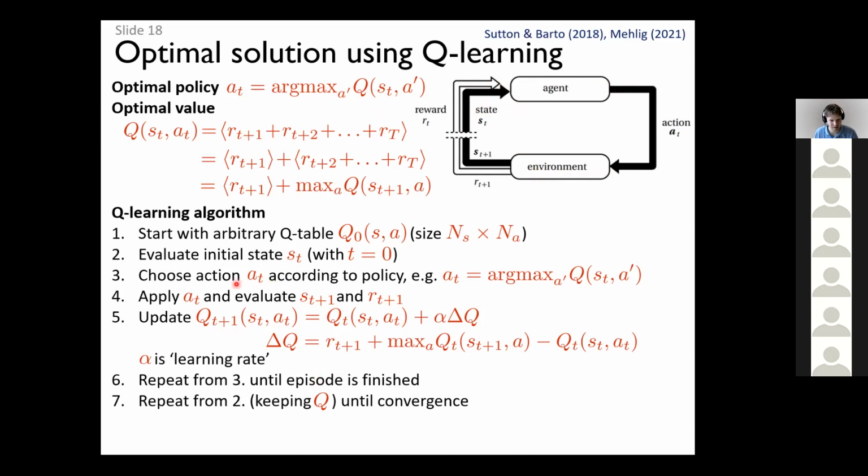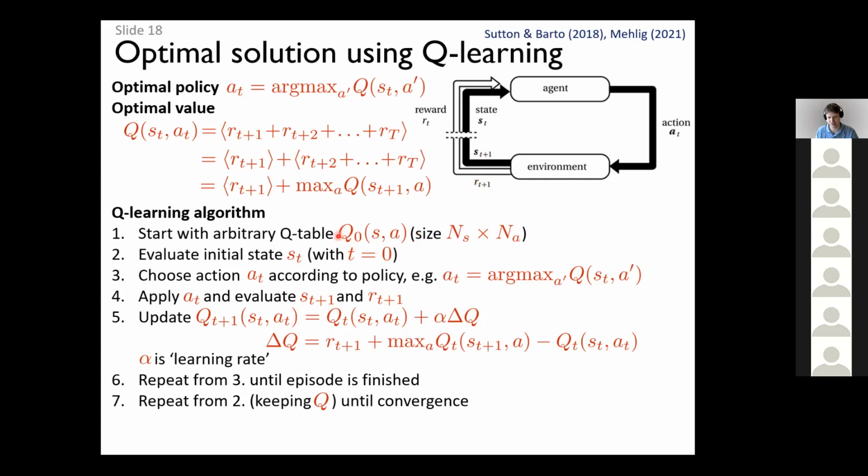Okay. So we chose this action, and then we interact with the environment, and we get a new state and a reward. At the same time, we use the reward to update our Q matrix or Q table.